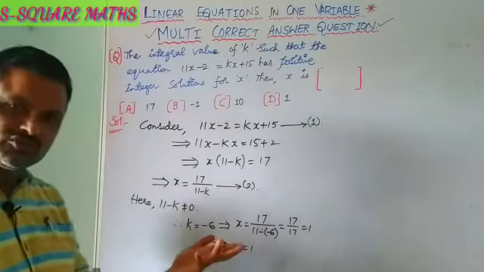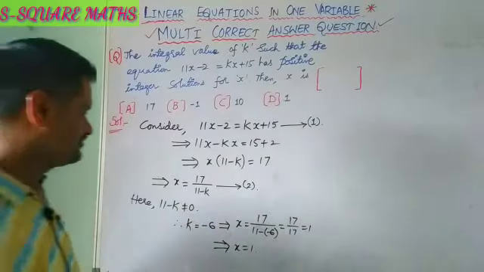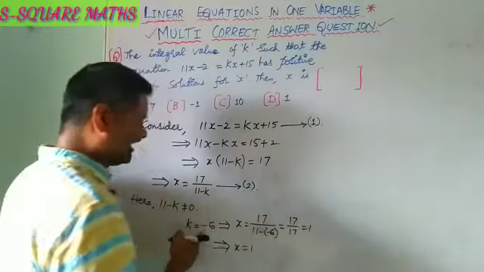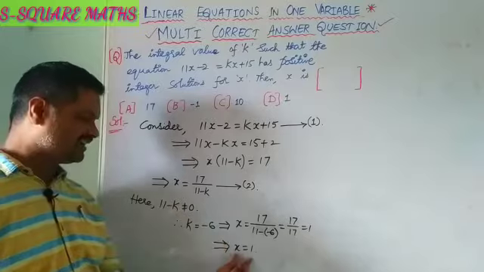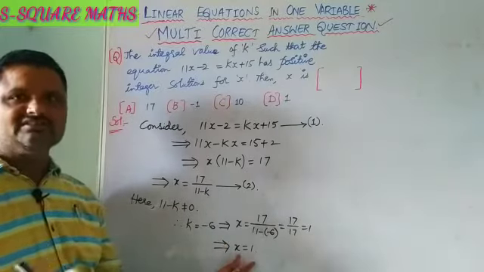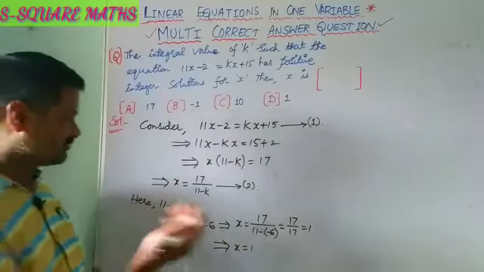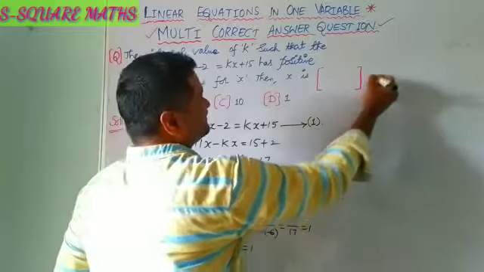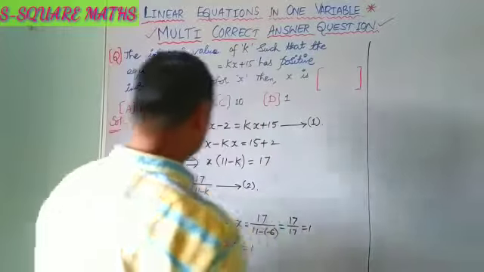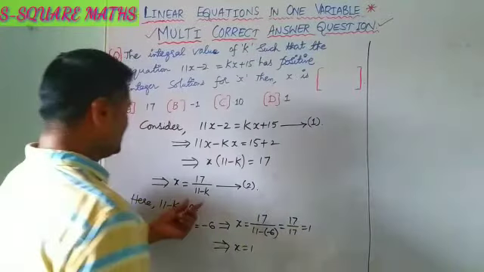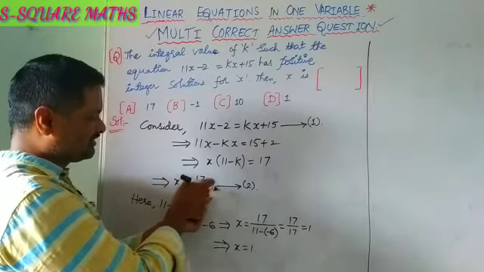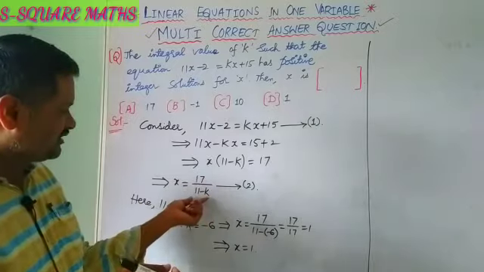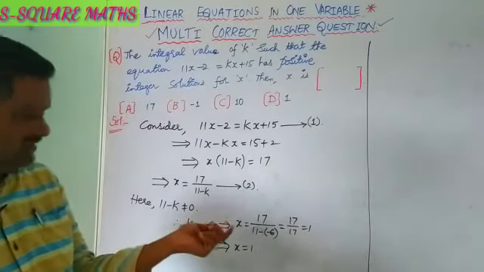Let us check for more. For various negatives, only for k is equal to minus 6 do we get x as an integer solution. Let us think more about positive values of k. Consider k is equal to 10, because 11 minus 10 gives you 1.